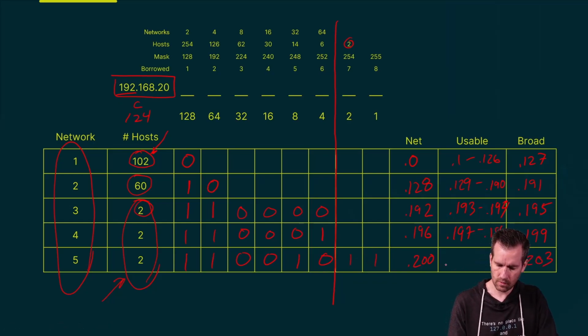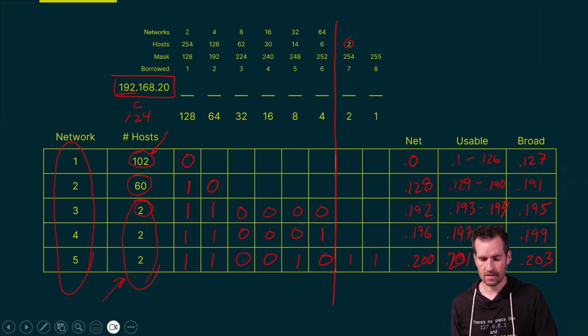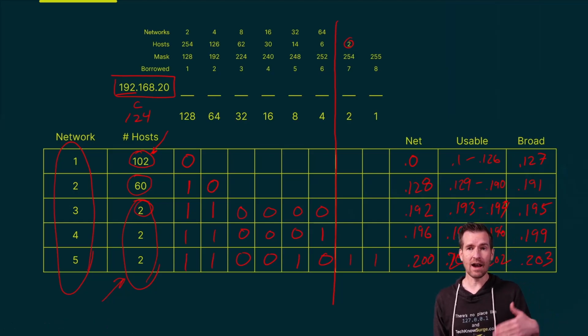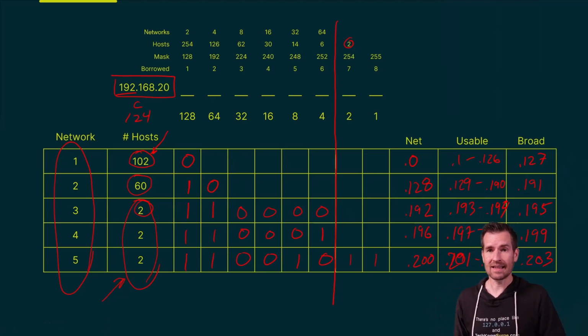So my usable range is 201 to .202, just 2 addresses. All right, there you have it. Now I've met all of the needs using this and using variable length subnet masks.